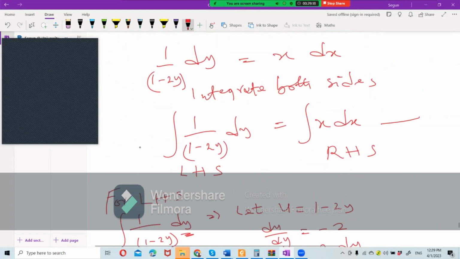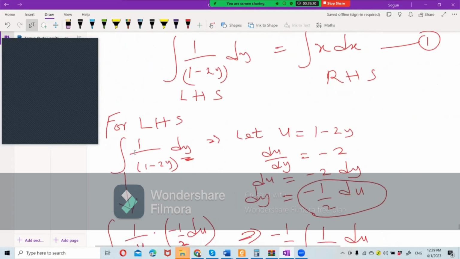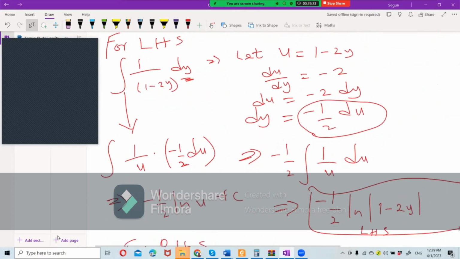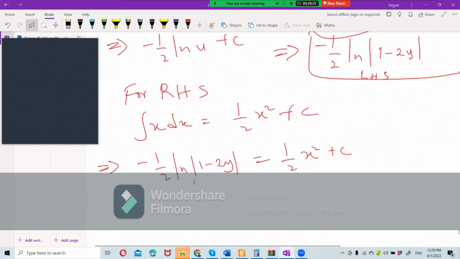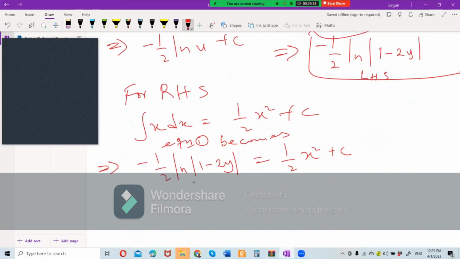We can call this equation 1. So equation 1 becomes this. Now that I have this, I need to eliminate -1/2.